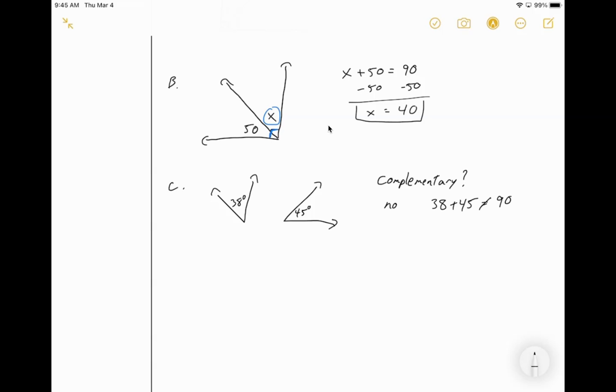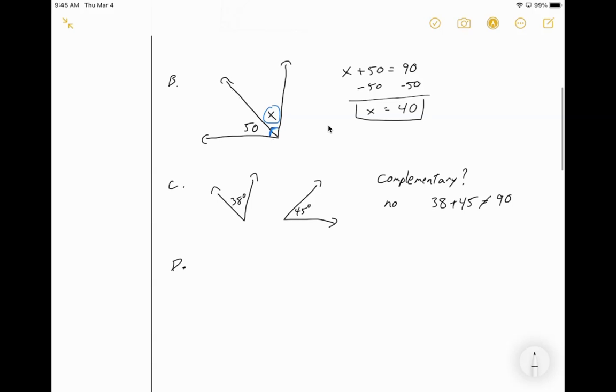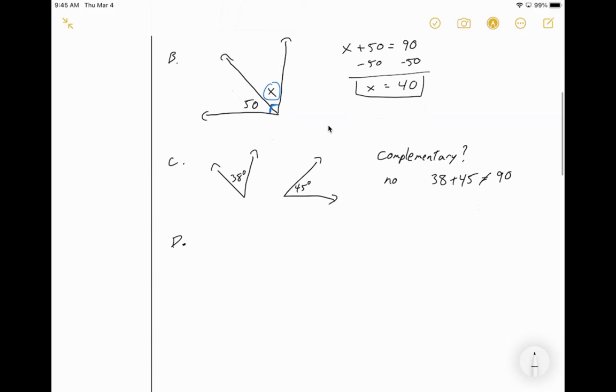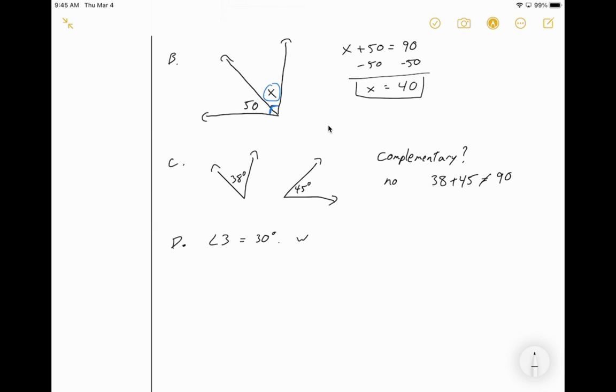Another way you might see this problem is in a word problem. We'll do one more really quick. Let's say angle 3 is equal to 30 degrees. What is its complement?